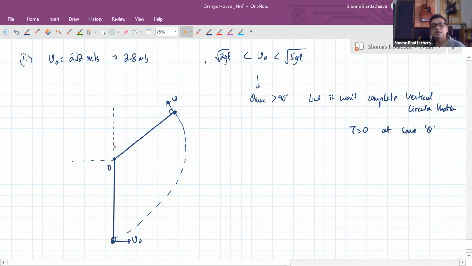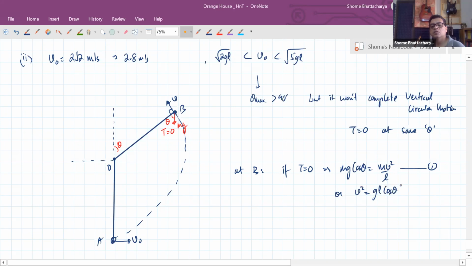Now let's take this angle as theta. So actually the angular displacement will be 180 minus theta. Okay. So here, if the tension is becoming zero, so let's say starting from point A, at B, if tension is equal to zero, it means that mg cos theta is equal to mv square by L, or v square is equal to GL cos theta.